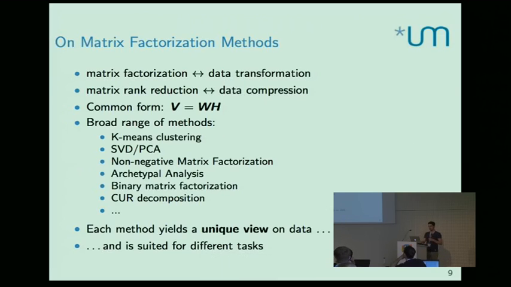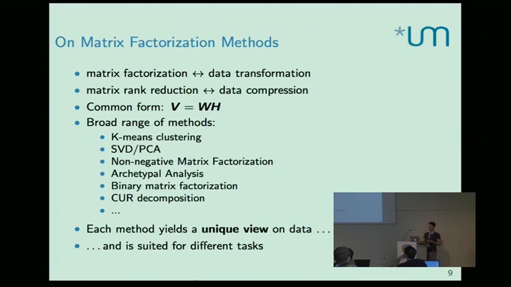And this is the most common form, so you say V should equal the product of W and H. And for finding this kind of approximation, there now exists a broad range of different methods. So then you could also wonder, okay, why the hell are there so many different ways of approximating this matrix V? I mean, wouldn't it be sufficient to just have one of these methods, right? So just try to find a method that gives you the best possible approximation of V, assuming a certain rank that you want to achieve.